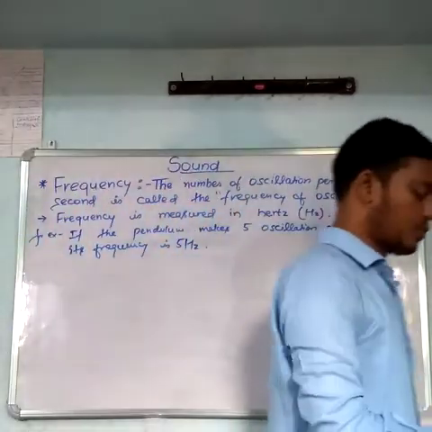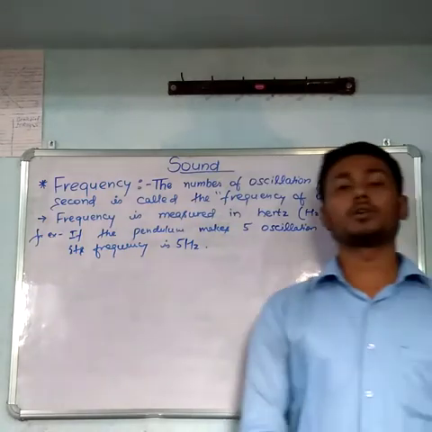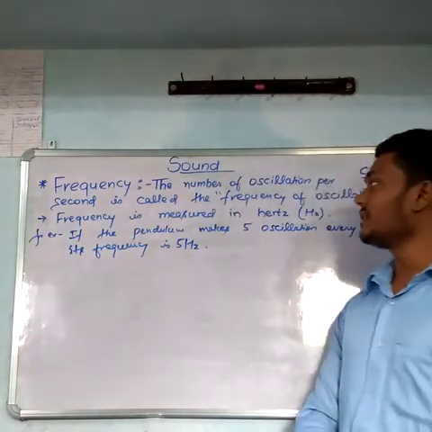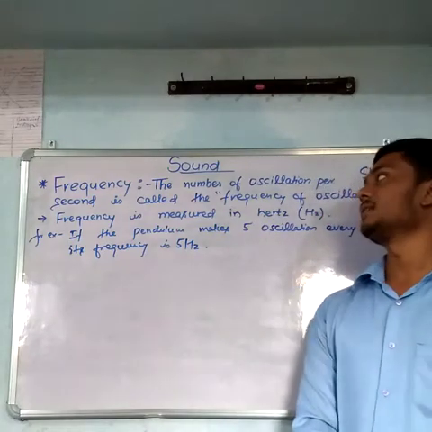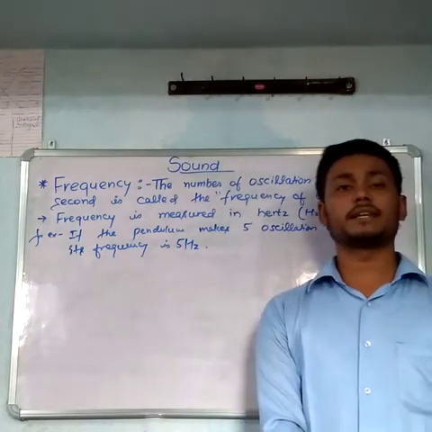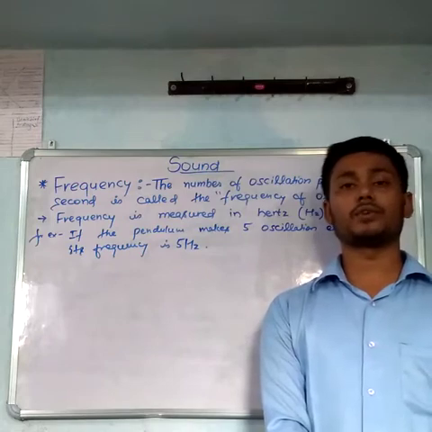Okay, so I hope now you understand the concept of frequency. It is all about the number of oscillations per second. The number of oscillations per second is known as frequency of oscillation.